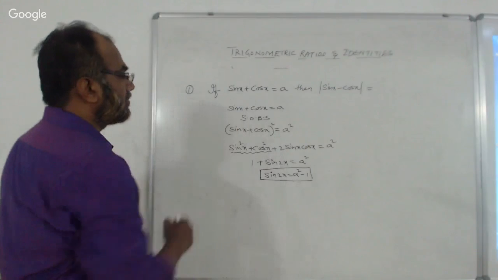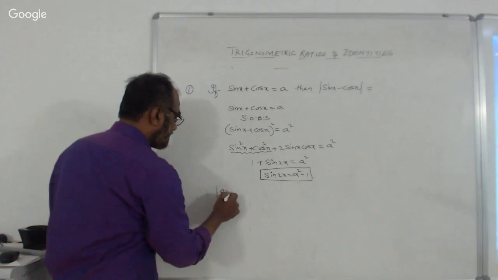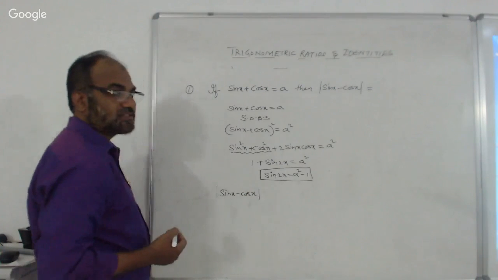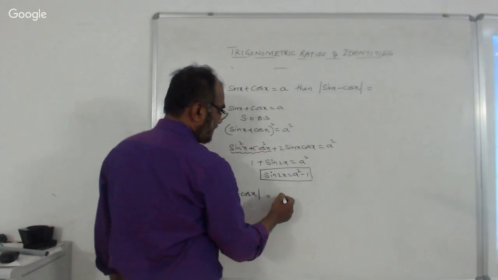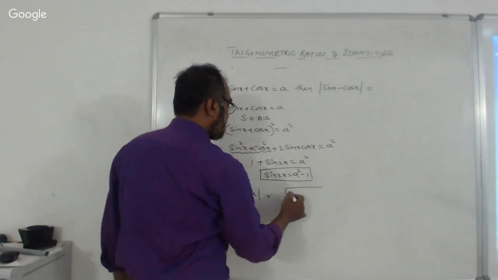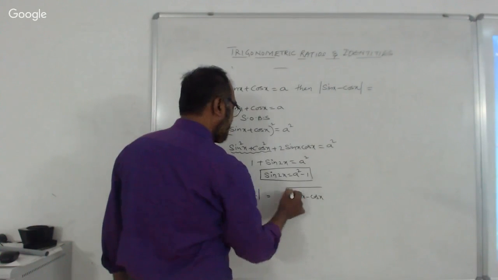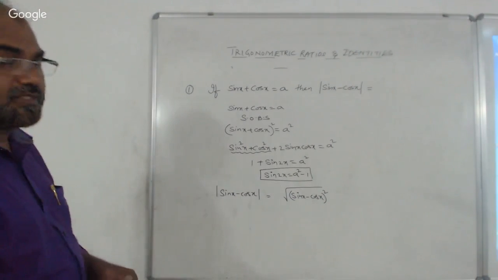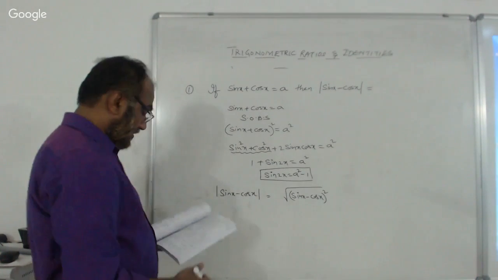Now let's use that modulus value. Modulus of sin x minus cos x can be written as plus or minus root of sin x minus cos x whole square. Why? Because when you remove the modulus, you will definitely get plus or minus.